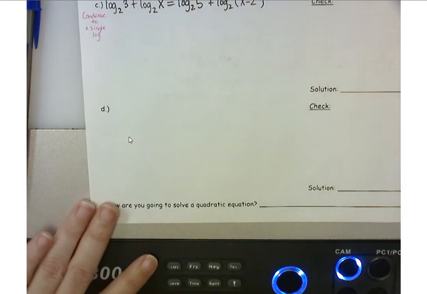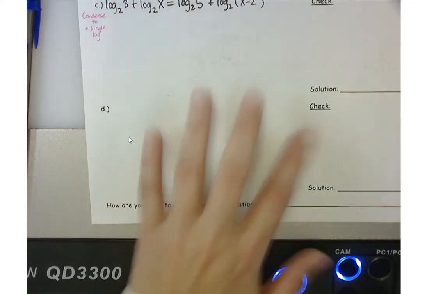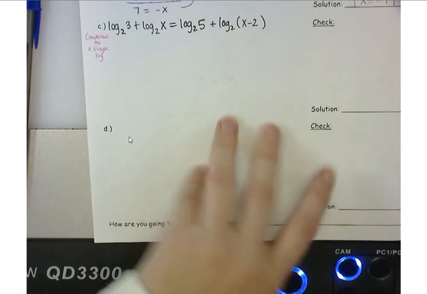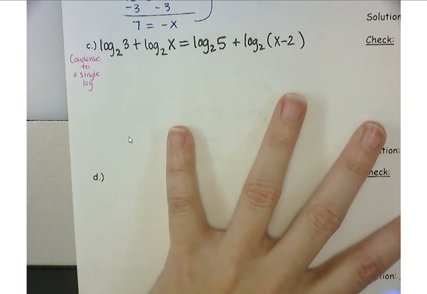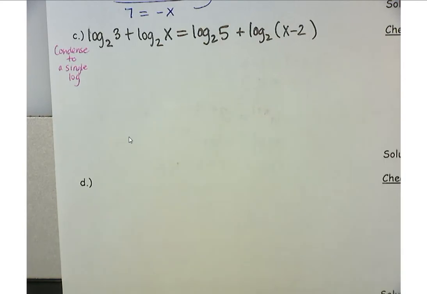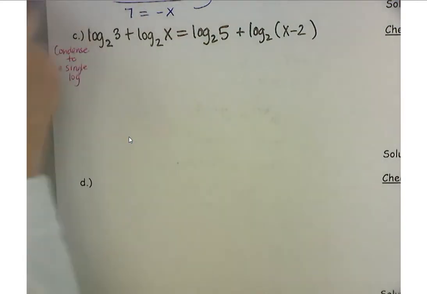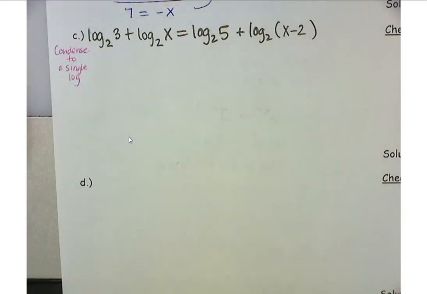So look at your operation, right? What operation's in between them? Addition. Okay, does that go with the product or the quotient or the power? The product, yep. Do you remember how you write it? Think you can do it? Give it a go.